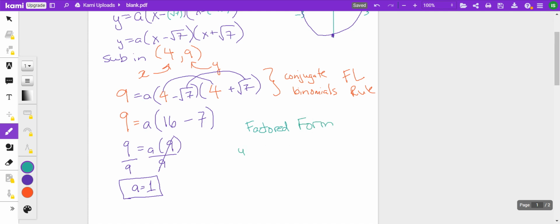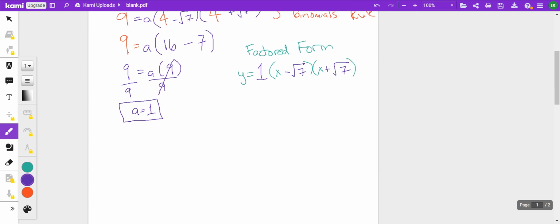So the factored form will look like this. Okay, I'll write the a, although I really don't need to. And then x minus root 7, x plus root 7. So in the factored form, we're able to find the two zeros.